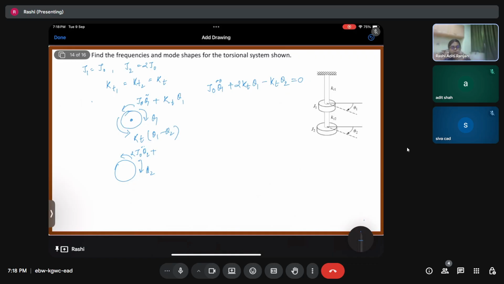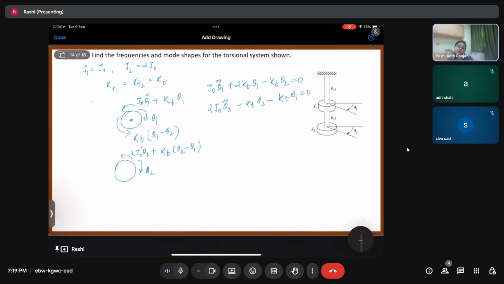So only one is going to have the effect, and that one is because of the difference of the angular deflection between J1 and J2. So it is going to be plus kt (theta 2 minus theta 1). So the final equation is going to be 2 J naught theta 2 double dot plus kt theta 2 minus kt theta 1 equals 0.